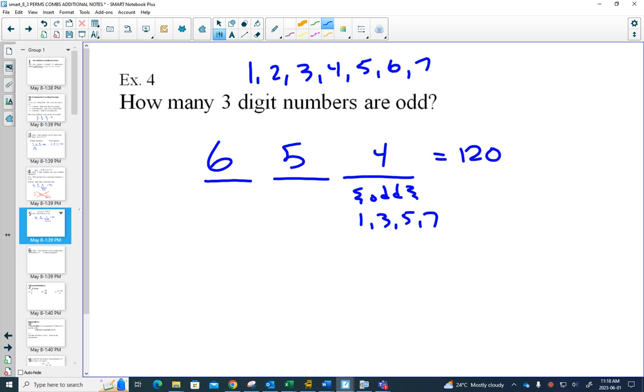But what I also want to show you with this question is a strategy that you are going to use in this unit, called the NOT strategy. And the NOT strategy works like this.